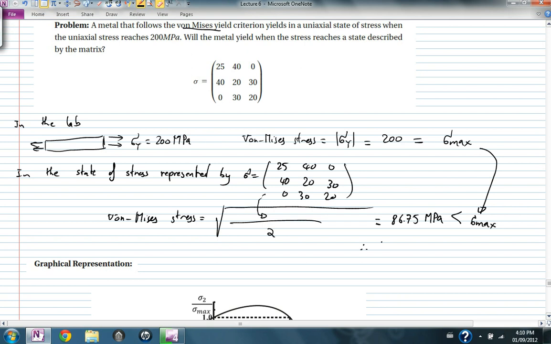Therefore, the metal is safe under the von Mises stress criterion.